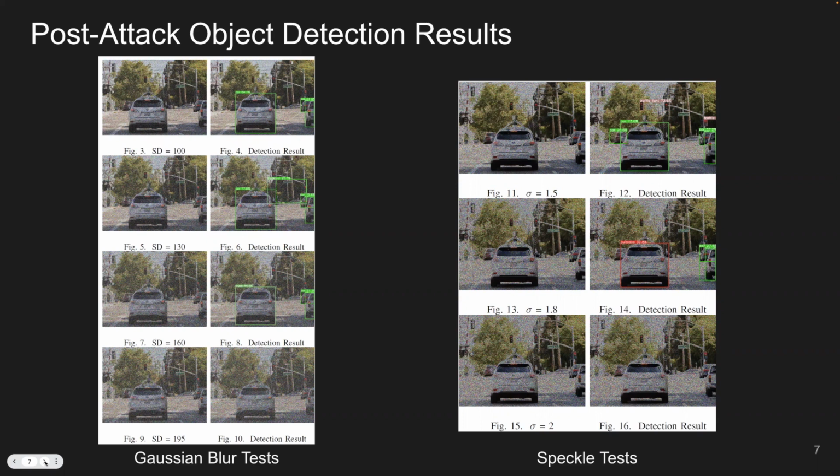And so this is the standard deviation value that we decided to keep for our final offense implementation. Now, if we look at our speckle tests, we started the experiments off with a relatively high sigma value of 1.5. The AI model detects the important objects in the scene except for a couple of traffic lights in figure 12. By only slightly increasing the sigma value to 1.8, the AI model not only fails to detect the traffic lights, but is now completely misclassifying the large car as a suitcase in figure 14.